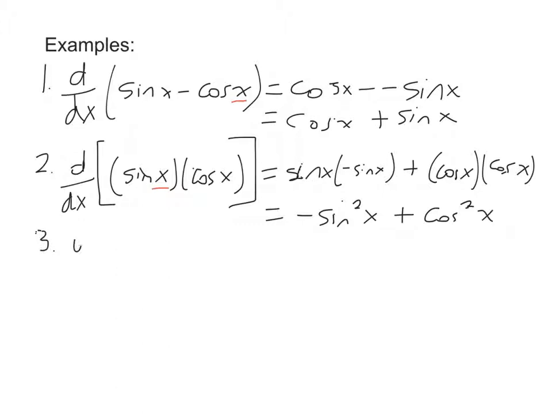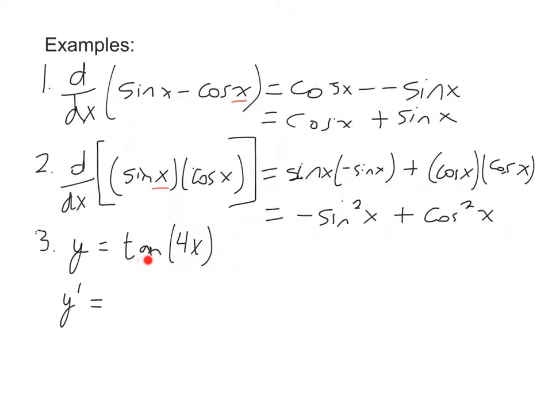Well, let's say y is equal to, how about tangent? Let's do tangent this time, of 4x. And I want to find the derivative of that. Okay, so my derivative, first derivative, y prime, well, notice what we've got going on here.